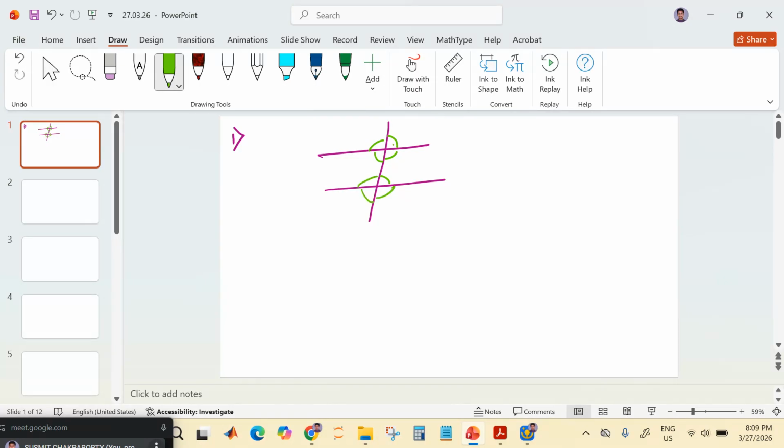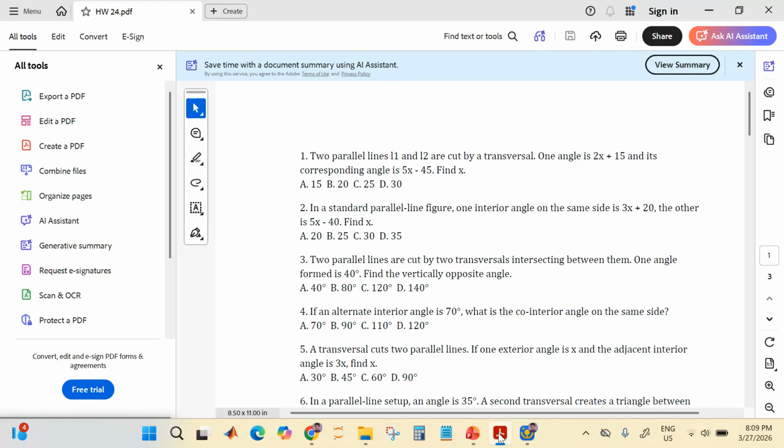Basically, the corresponding angle example: if we consider 1 and 5, these are corresponding angles. Similarly, angles 2 and 6 are corresponding angles, 3 and 7 are corresponding angles, and also 4 and 8. Any pair is given as 2x plus 15 and 5x minus 45.